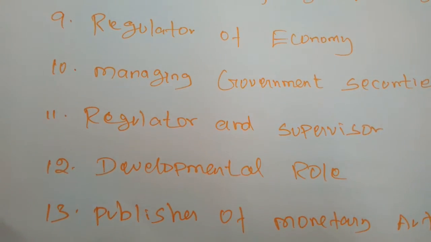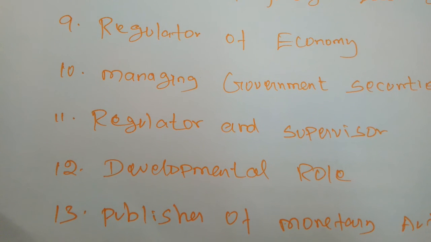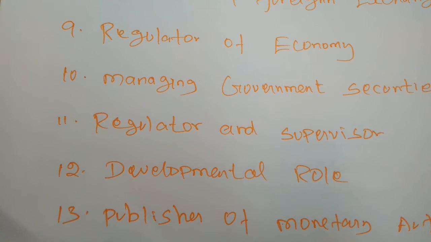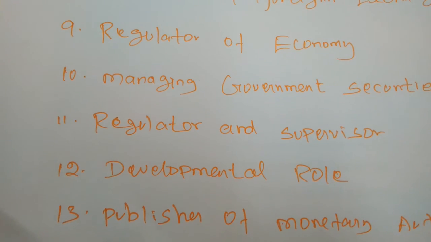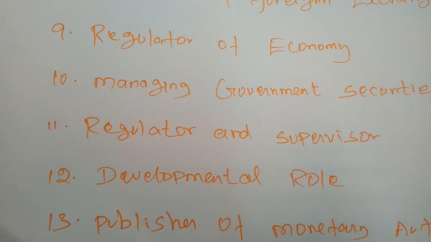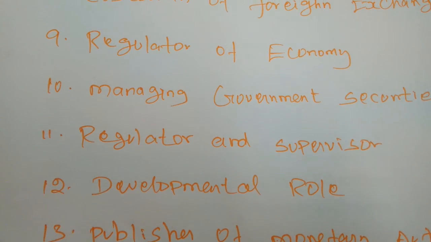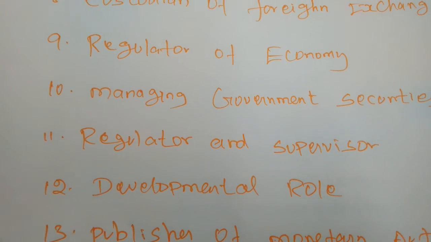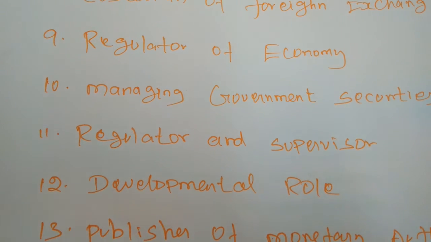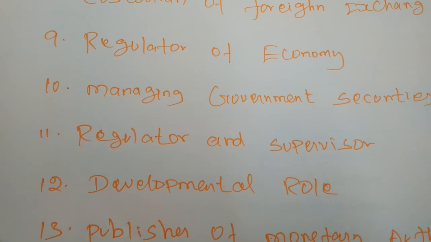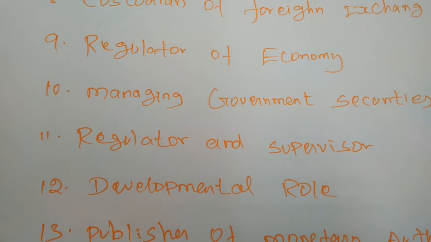Next, regulator and supervisor of payment and settlement system. The Reserve Bank of India is considered the regulator of the settlement system. The Payment and Settlement Systems Act of 2007 gives the RBI oversight authority for the payment and settlement system in the country.